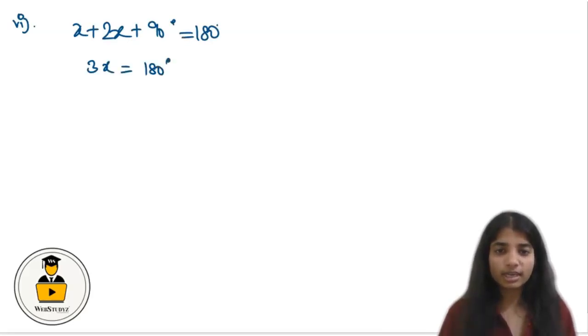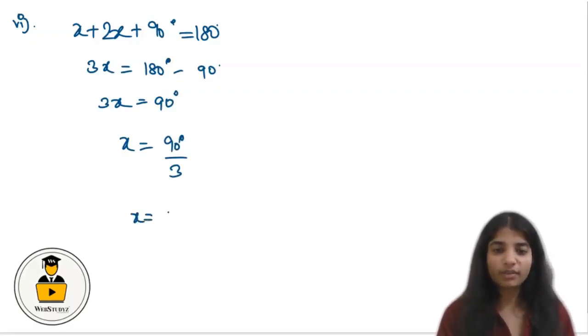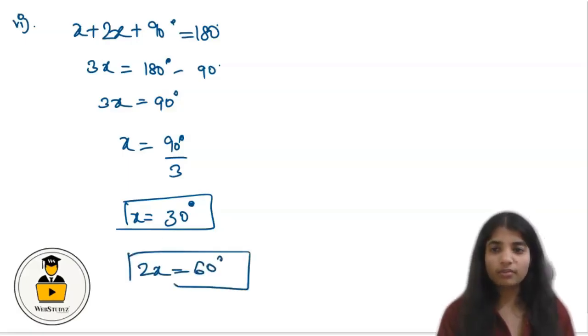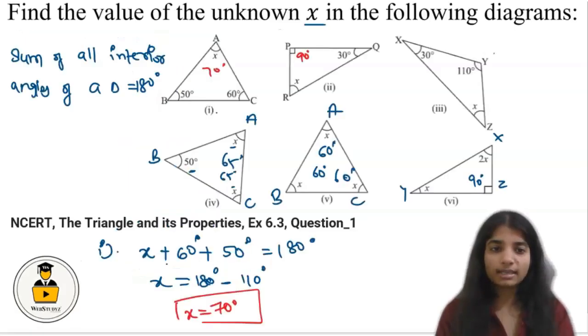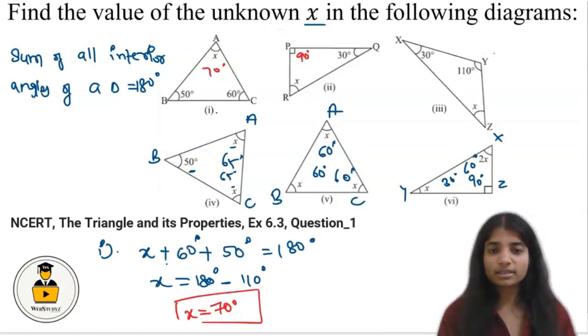This is equal to 180 degrees minus 90 degrees, which means 3x is equal to 90 degrees. Solving this, x becomes equal to 90 divided by 3, so x is equal to 30 degrees. If x is 30 degrees, then 2x is equal to 60 degrees. So we got all the angles: angle X is 60 degrees, and angle Y is 30 degrees. So this is the answer to the given question.